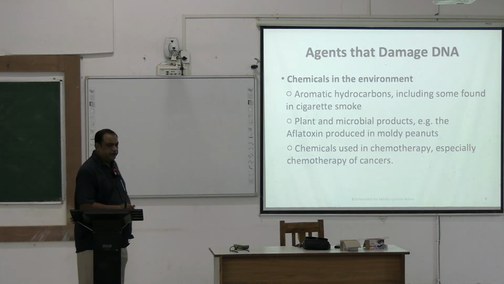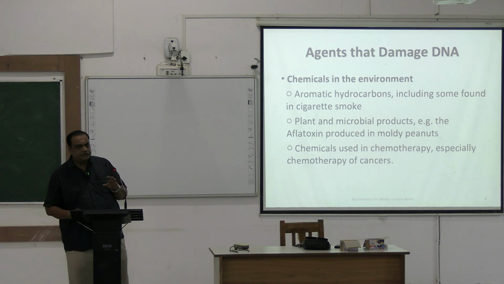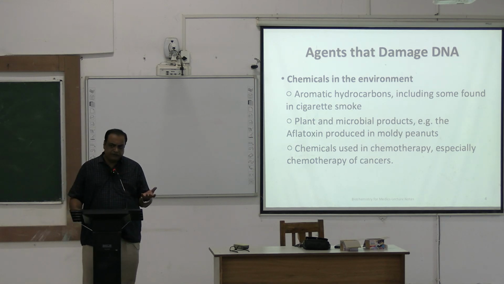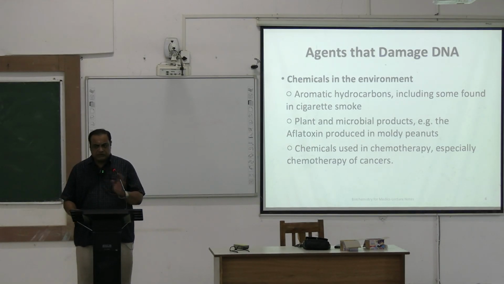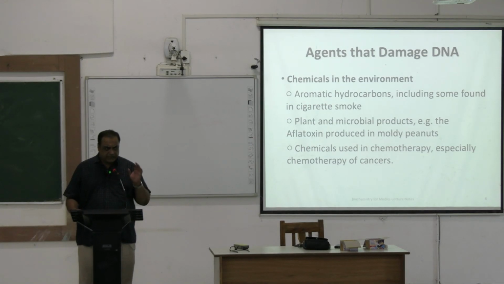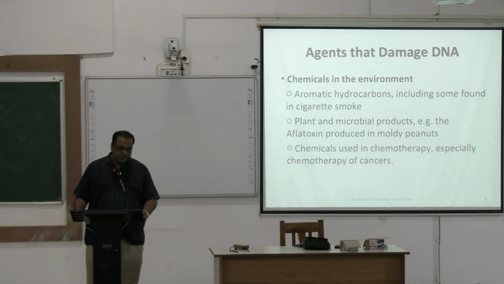Chemicals in the environment. There are a few chemicals which are naturally found in the environment which may cause DNA damage leading to mutation. If these agents can lead to initiation of the cancer process, then they are called carcinogens.